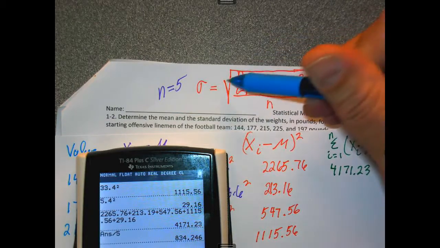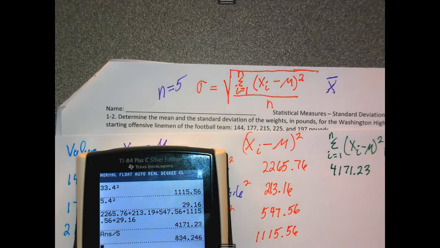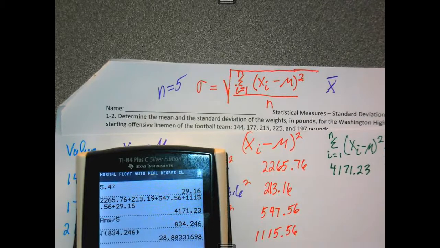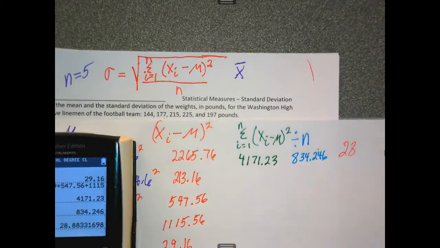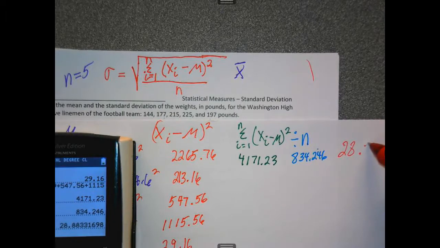The only thing we have to do is square root this number. So I'm going to do second square root that number, parenthesis, enter. My standard deviation is 28.88 or 28.901.